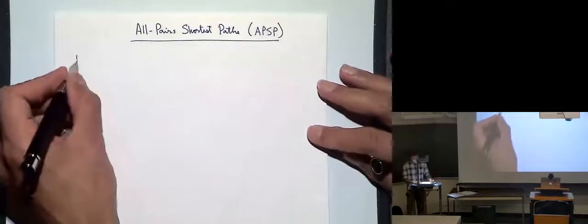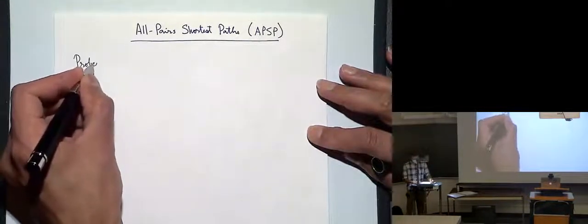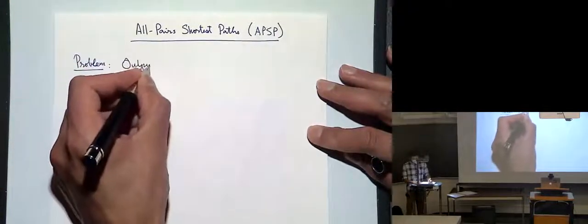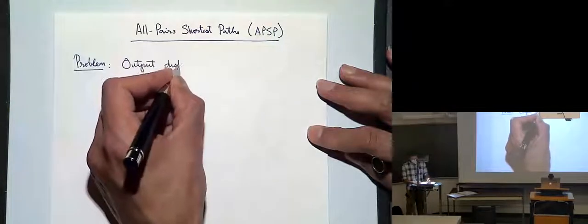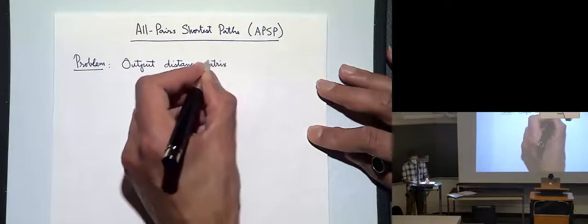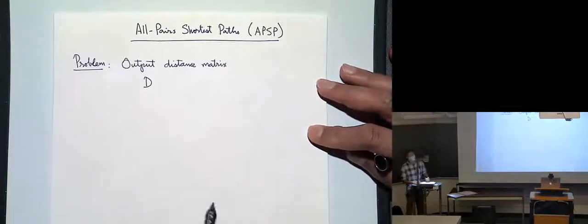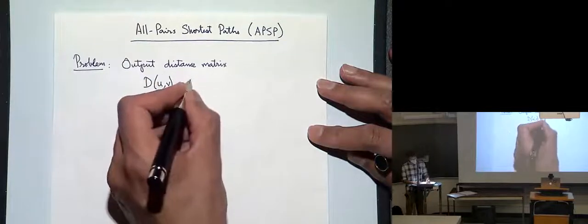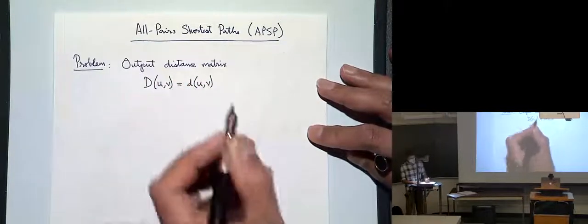The problem is you have to output what's called the distance matrix D, where the distance matrix D of UV is the distance from U to V. So there's no one source, right?